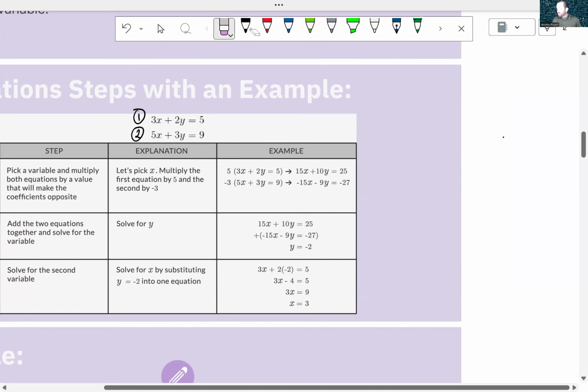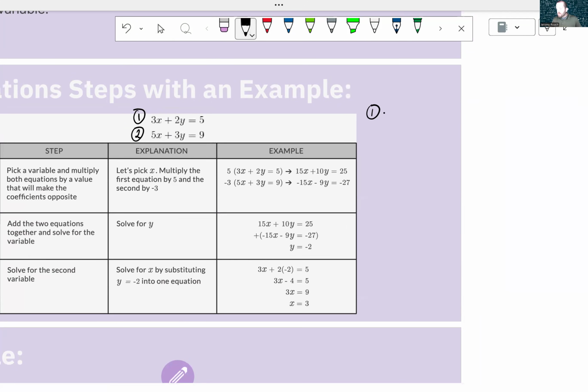So we're going to multiply equation 1 times 5. If we multiply the whole equation times 5, that means all of this times 5, and then all of this times 5. And we're allowed to do that with algebra because we can multiply by the same amount on the left and on the right, and it still makes our equation hold true.